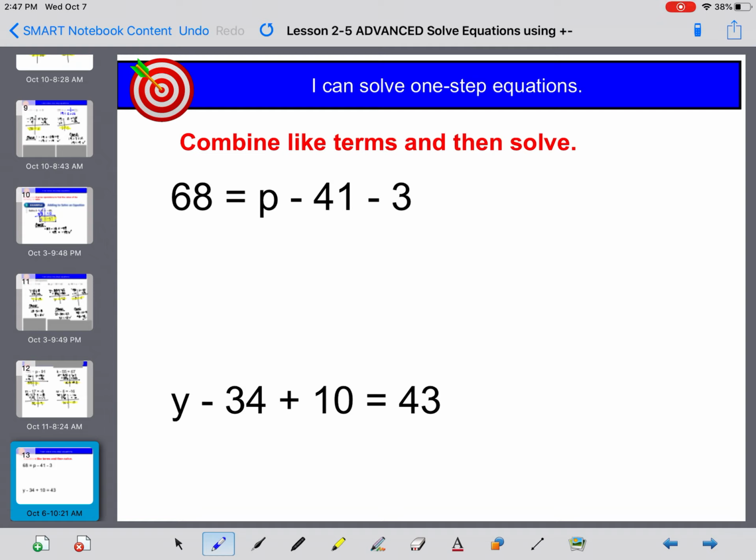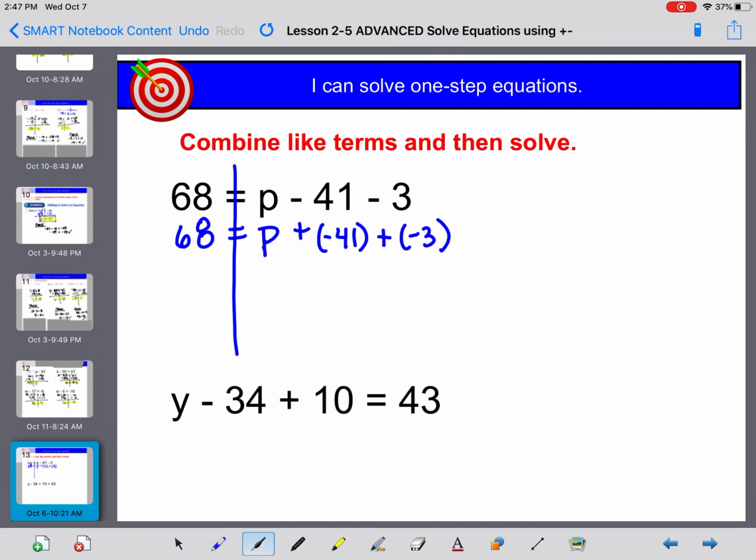In some problems, you're going to be asked to do more than one step to solve. Do you see that I have some like terms here on the right-hand side? They're easier to see if we rewrite all subtraction as adding the opposite. So let's do this. P plus negative 41 plus negative 3.